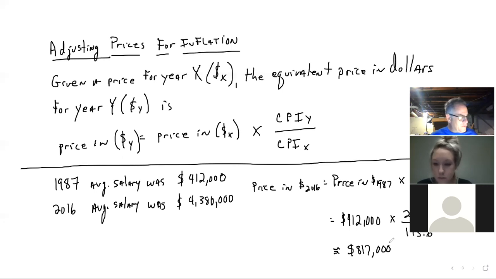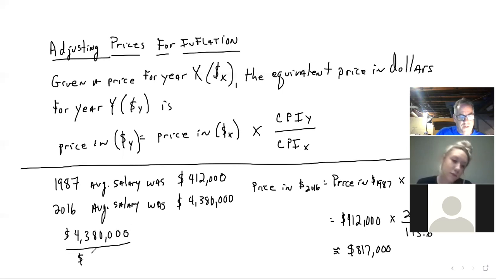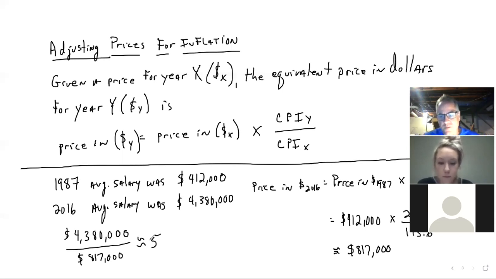If you divide the average salary of baseball players that year, 4 million, by what it should be taking into account inflation only, it's about 5 times more than the rate of inflation, in real terms, or adjusting for inflation.